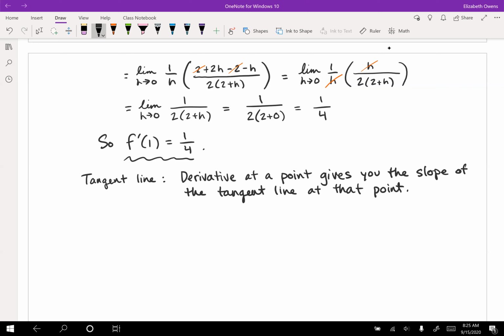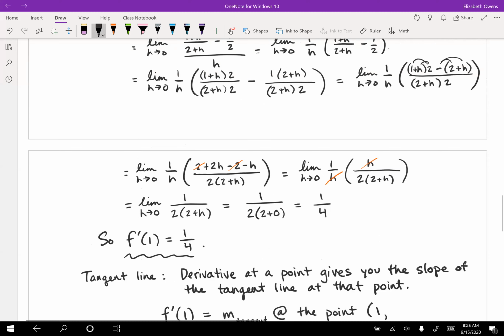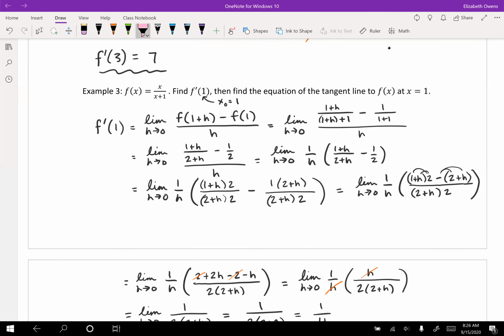So here, f prime of 1 is going to equal the slope of the tangent line at x equals 1. Or really, I guess the point for that would be at the point where x equals 1, and then f of x, or f of 1, we actually found that already back here. f of 1, we did substitution, and it turned out to equal 1/2.